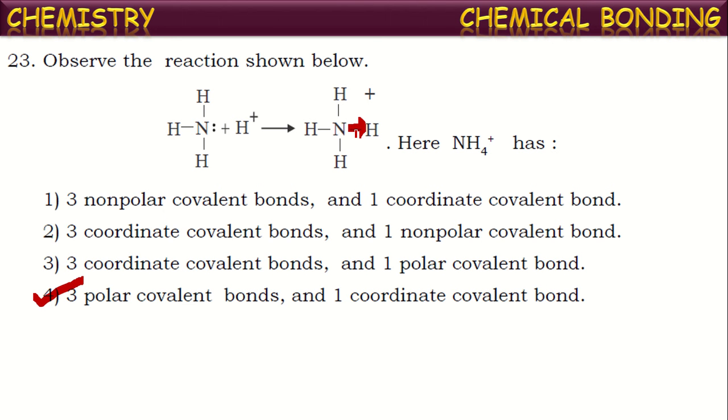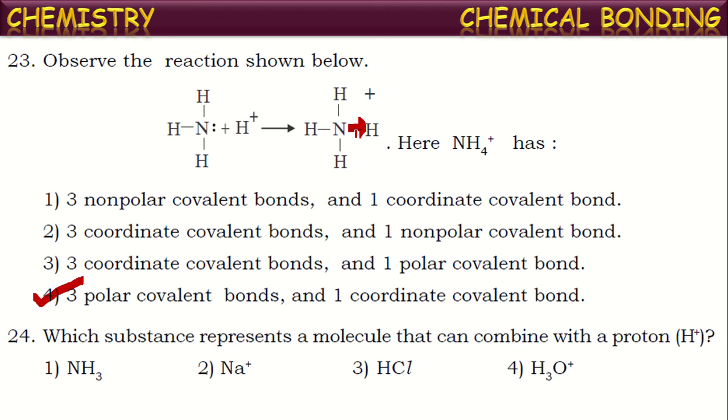Okay. Next, which substance represents a molecule that can combine with a proton? That means the molecule or atom which has a lone pair of electrons on its central atom can combine with a proton or H plus ion.